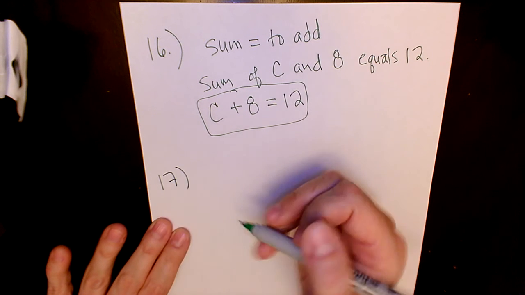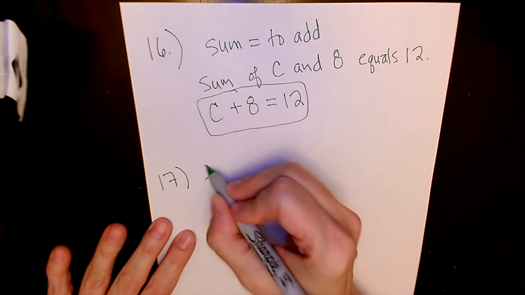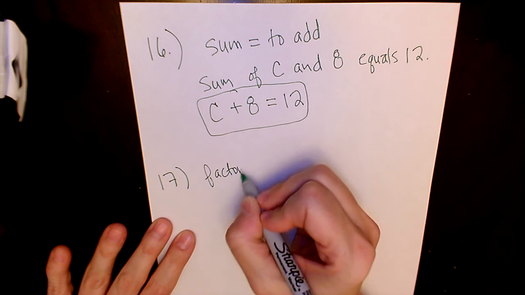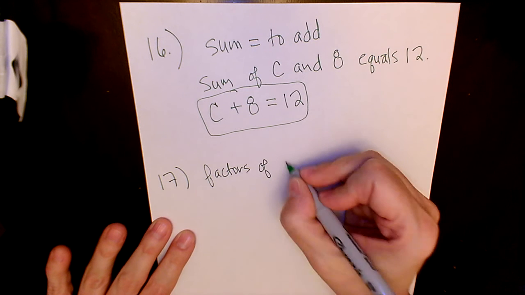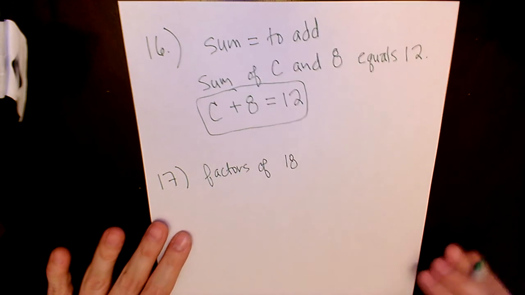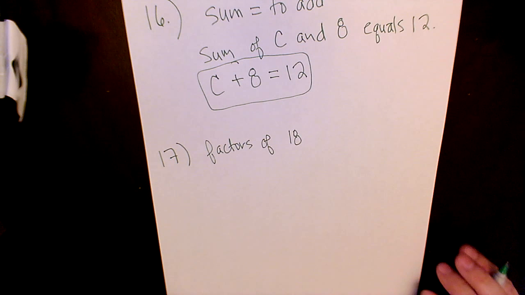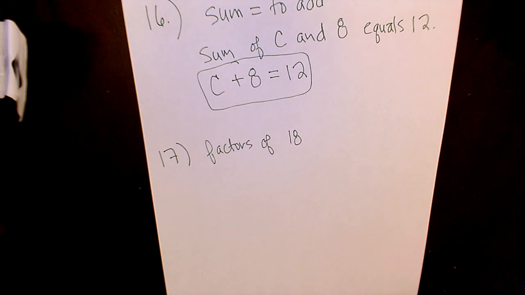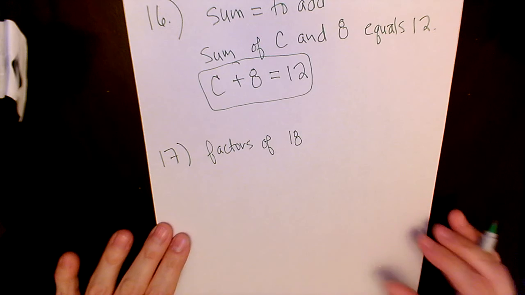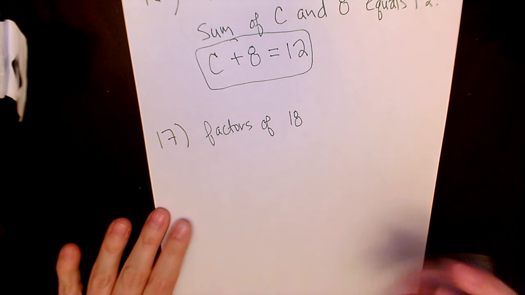Okay. For 17, I want the factors of 18. So remember that for factors, it's not multiples, it's factors. So think about all the pairs of numbers that when you multiply them together will give you 18.